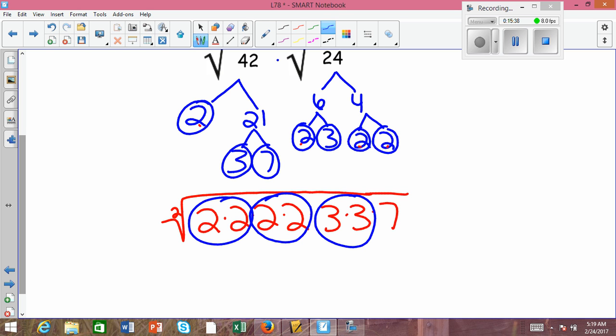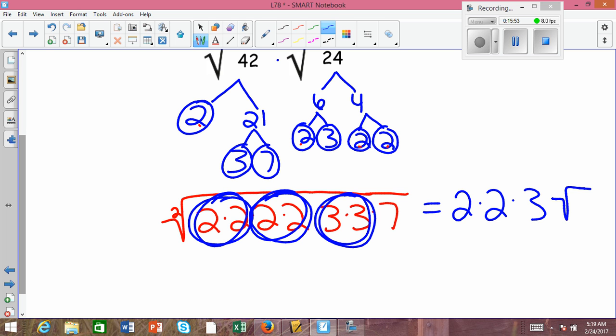Over here I'm going to show you the last way I did last time first. So if I take out groups of 2, I can take out these digits: 2 times 2 times 3, because I took out a 2 for that group, a 2 for that group, and a 3 for that group. And then left underneath is the square root of 7. So this ends up being 2 times 2 is 4 times 3 is 12 square root of 7.